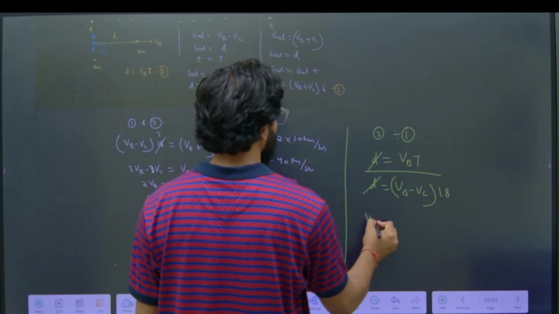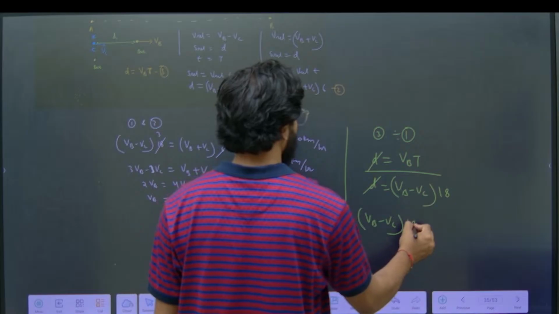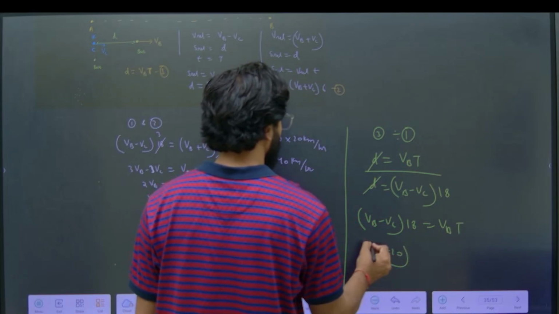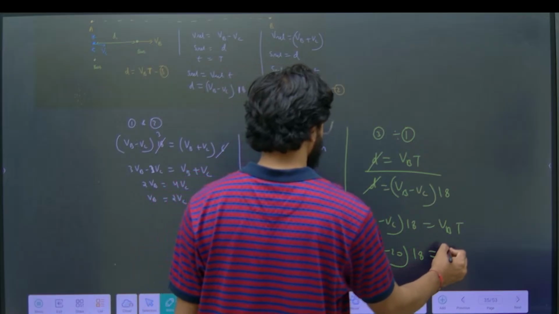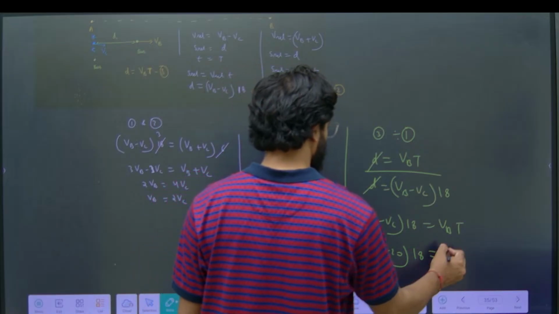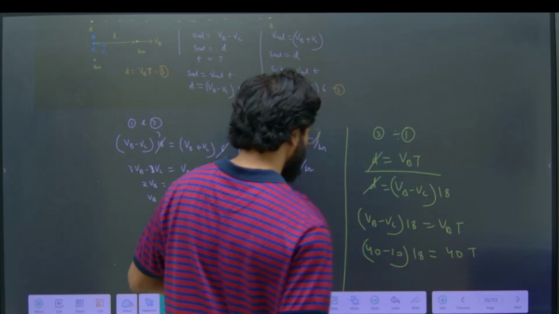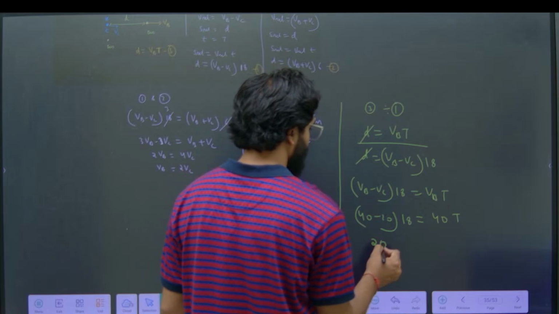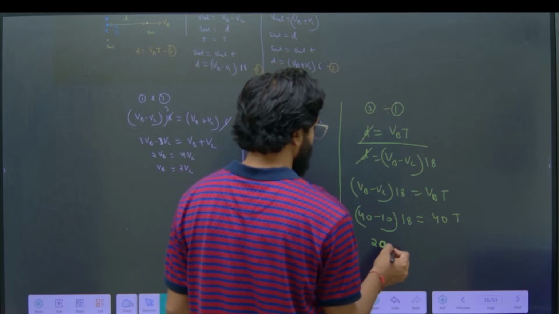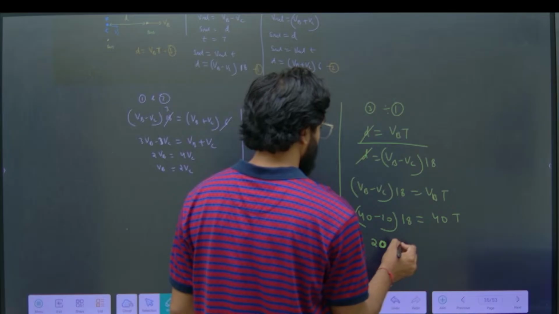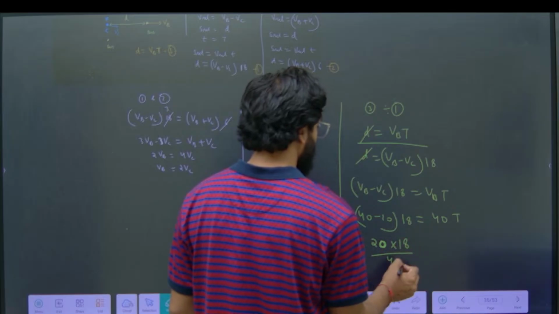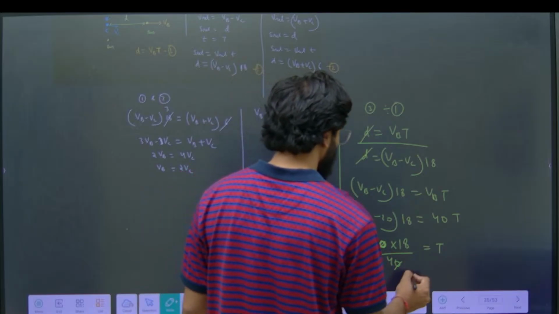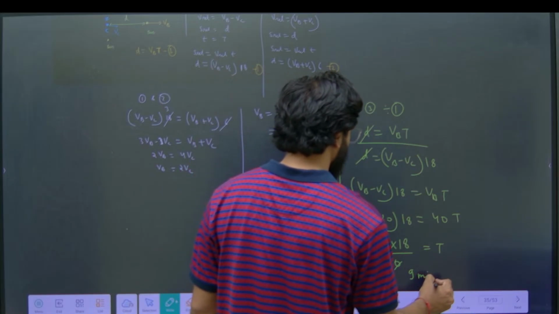So vb minus vc into 18 equals vb into T. 40 minus 20 into 18 equals 40 into T, so it will be 20 into 18 by 40. The answer will come out in minutes because we haven't changed anything. So the answer is coming out as 9 minutes.